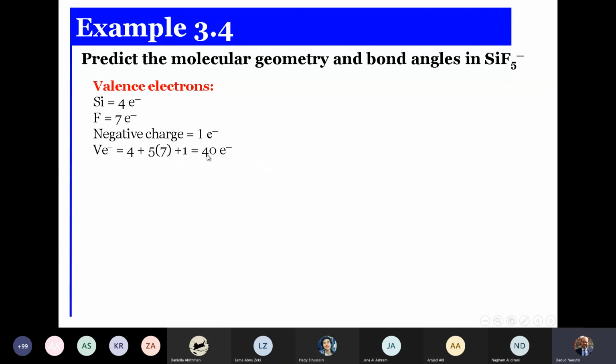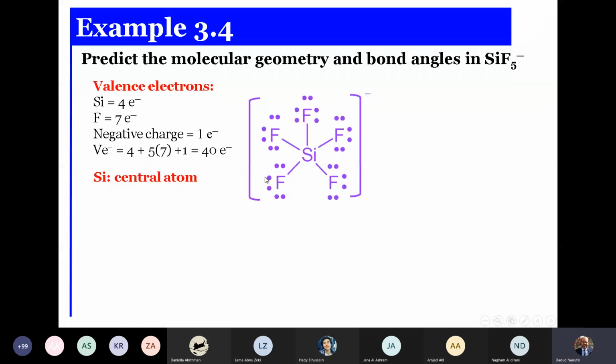Now we draw the Lewis structure by following the rules. Choose the central atom, which is Si. Join the central to the outer atoms. Then distribute the remaining valence electrons on the outer atoms. If the central atom needs more electrons to have the octet, you have to transform one lone pair, one NBP, non-bonding pair, from the outer atom to a bonding pair. So the Lewis structure is Si, the central, and we have 5 atoms around.